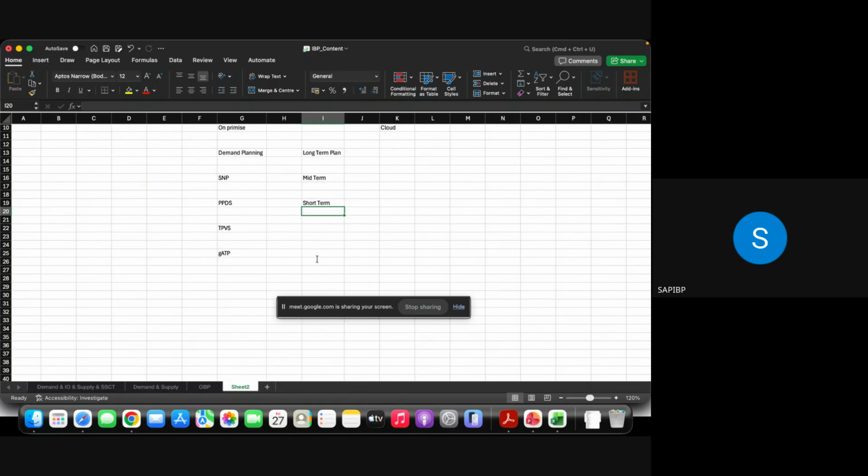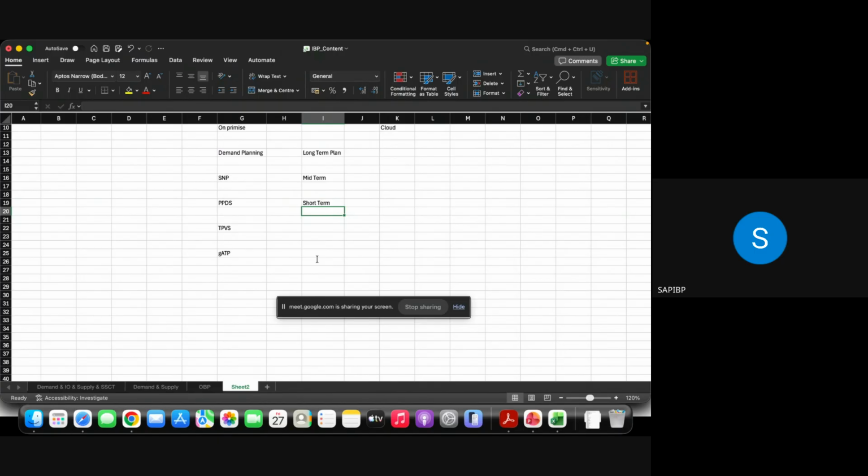Suppose you need to transport 100 products to DC1 today, and tomorrow, again, you need to transport 100 products to DC1. Instead of sending 2 individual orders, today 100 and tomorrow 100, which will lead to 2 transportations, you need to use that vehicle twice.